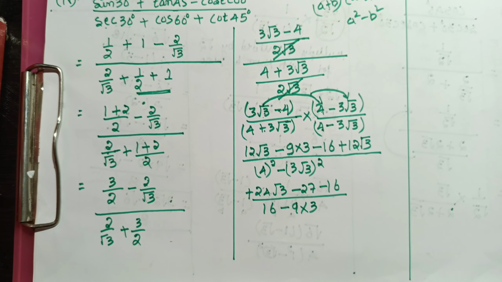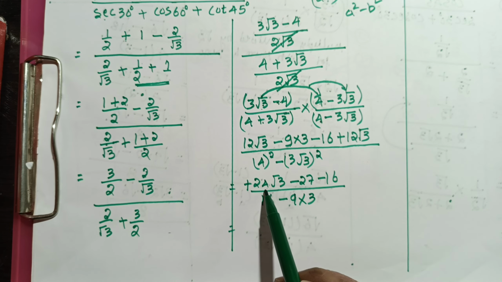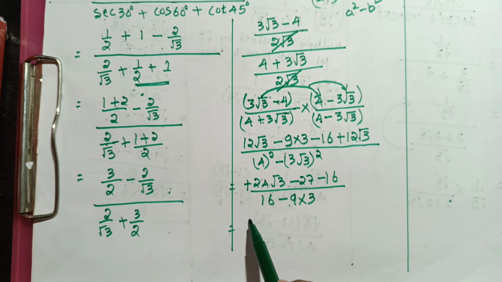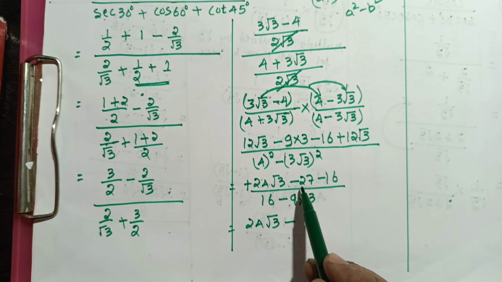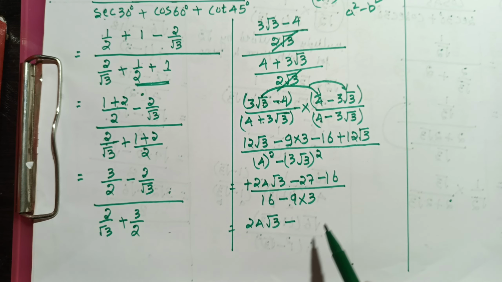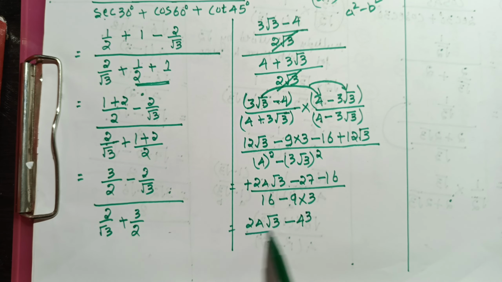So now I will simplify. Plus 24 root 3, so 24 root 3 I will write as it is, minus 27 and minus 16 is minus 43, divided by 16 minus 9 3s are 27.